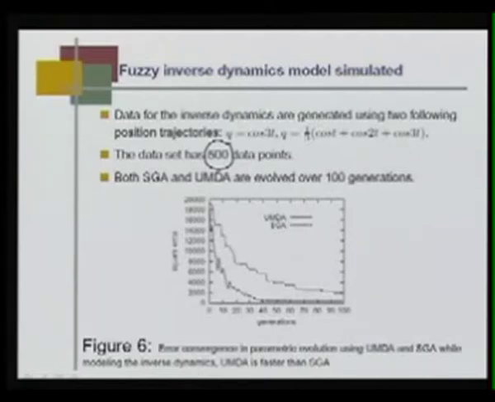The conclusion is that UMDA is faster than the simple genetic algorithm. The interesting point is that this univariate marginal distribution algorithm is actually a very simplified form of a purely probabilistic approach to evolve the solution space.